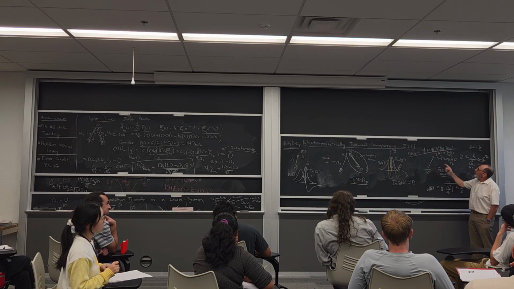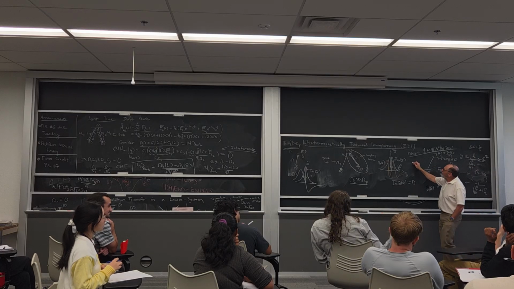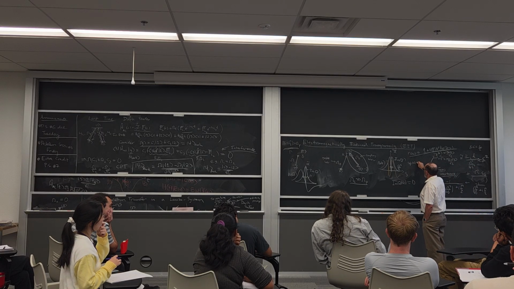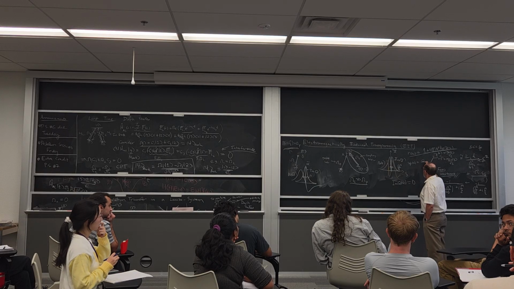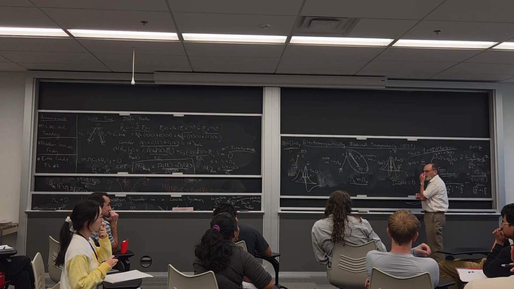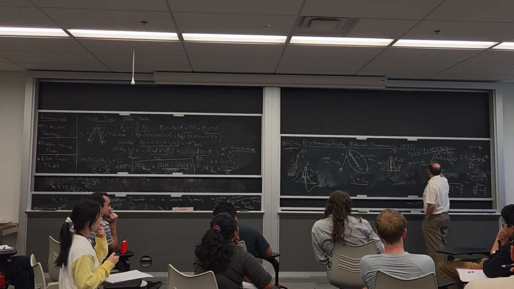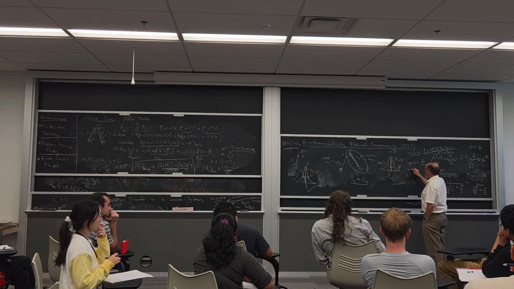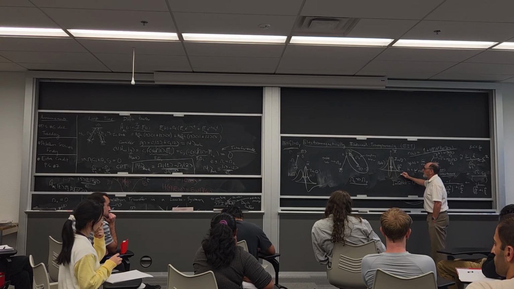N is the density of atoms. So we have the phase velocity, which is c over the index of refraction, which is omega over k. So k is equal to omega over c times n.